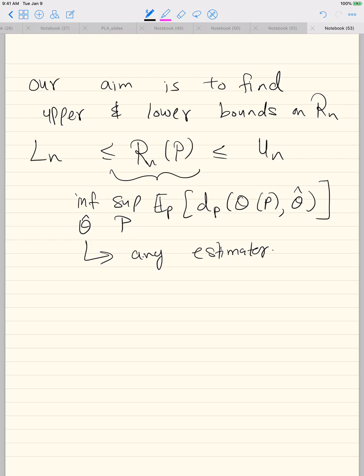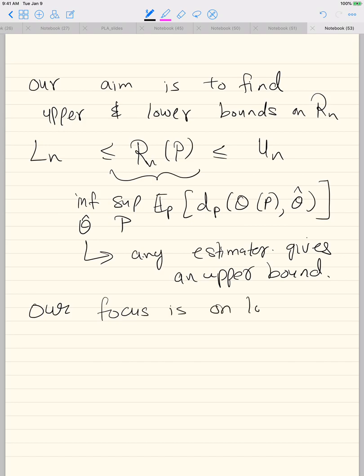So finding lower bounds, but so our focus is on lower bounds for Rn of P.